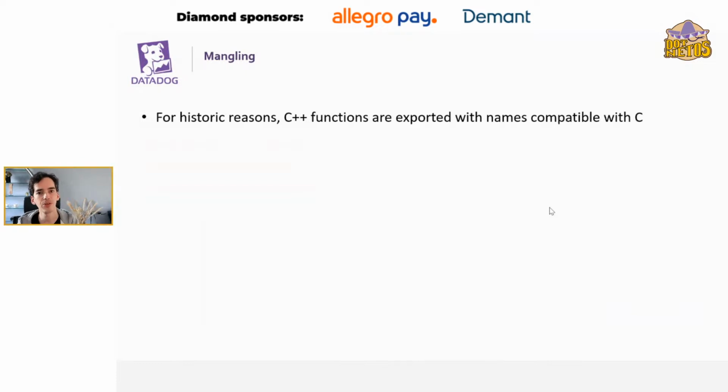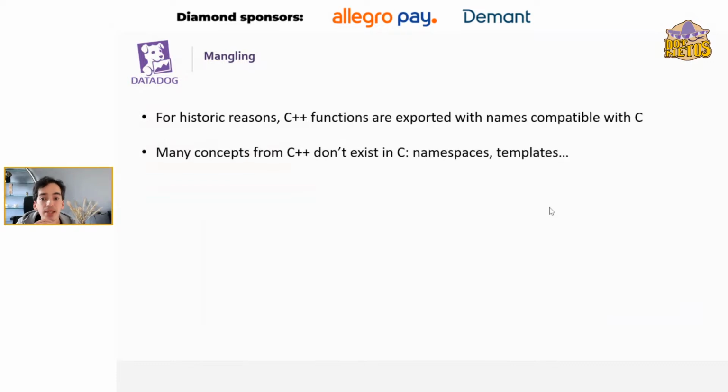So all the C++ concepts had to be translated into C. But the problem is that many of those concepts don't exist in C, such as namespaces and templates. And so to convert C++ into C, we have somehow to convert those names into names that are accepted by C. And this is what we call mangling.